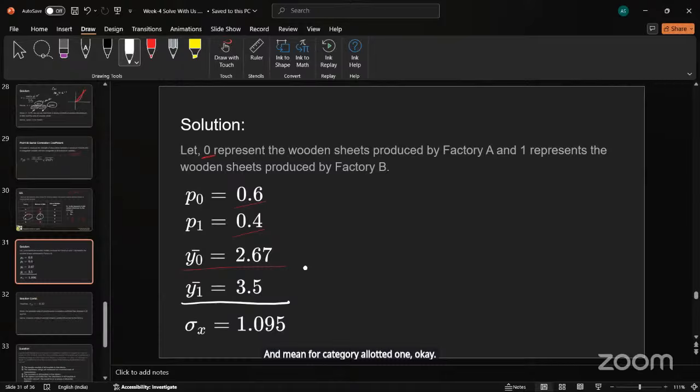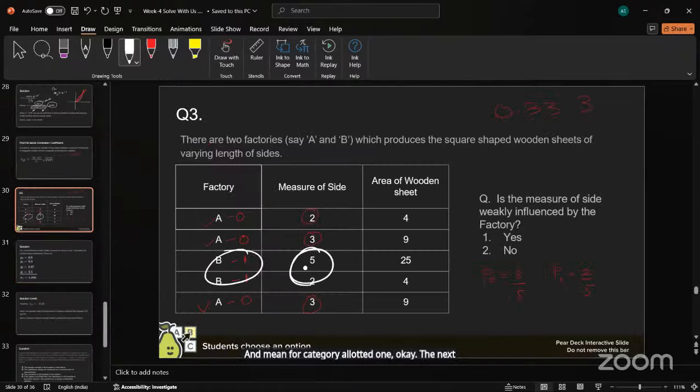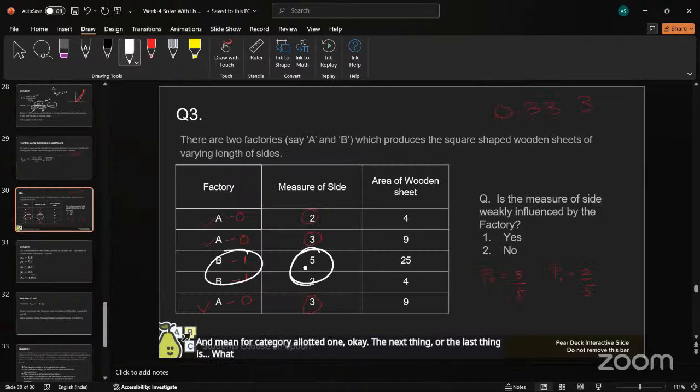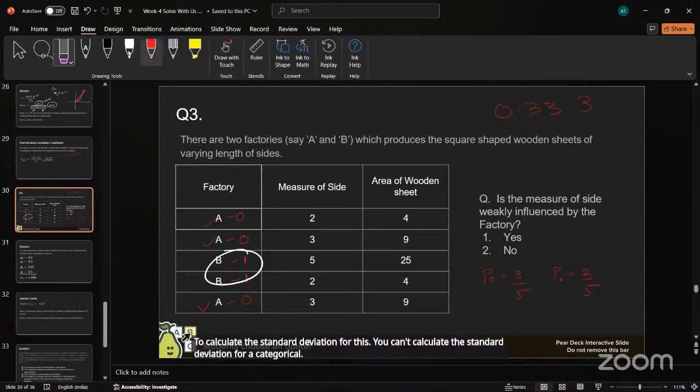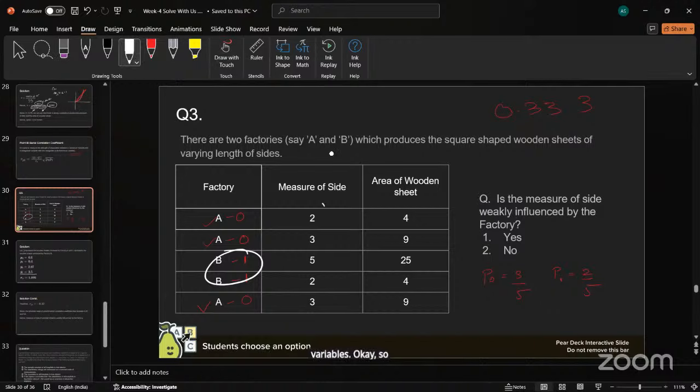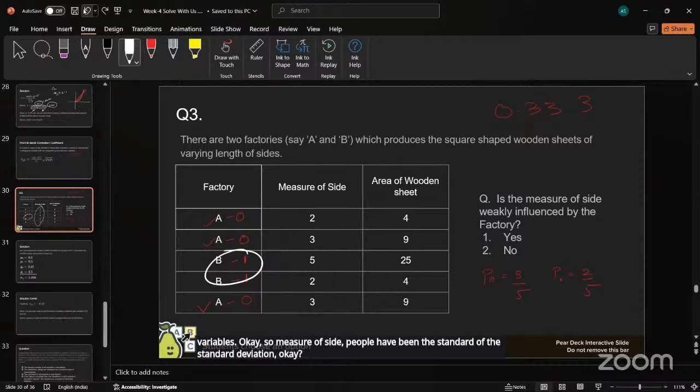The last thing is, what is the numerical variable here? The numerical variable is the measure of sides. You calculate the standard deviation for this. You can't calculate the standard deviation for a categorical variable. How do you get the standard deviation?